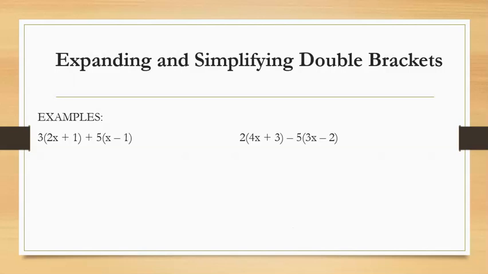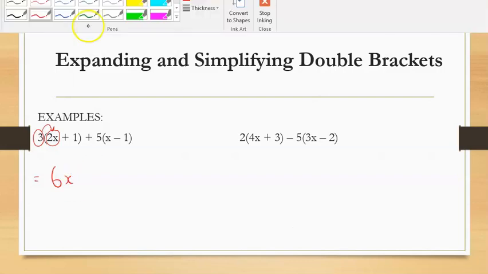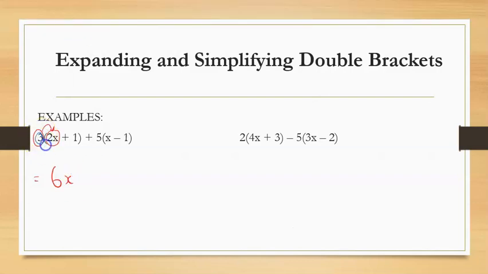This time we're expanding and simplifying using double brackets. There's 2 sets of brackets. So we'll start with this one. You've got 3 multiplied by 2x. 3 lots of 2x is 6x. Then you've got the 3, which is a positive 3, multiplied by the positive 1.